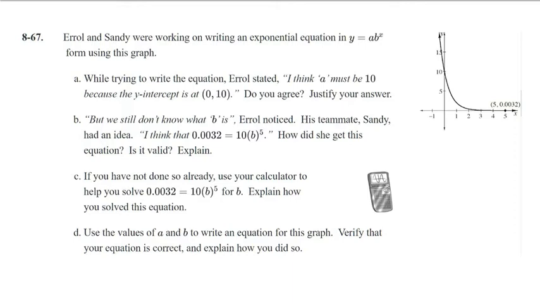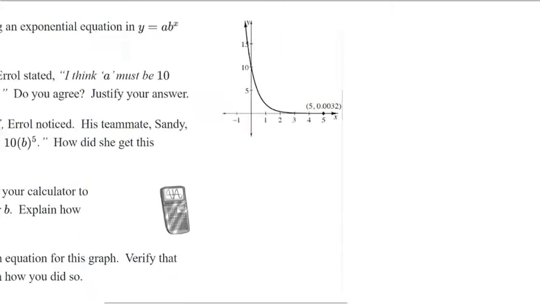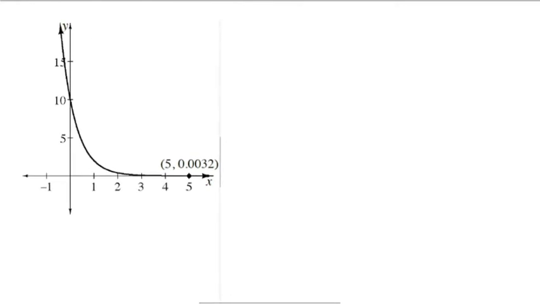His teammate Sandy said, I think that 10 times b to the 5th power has to be 0.0032. How did she get this? Well, I really like this thinking, because we're dealing with an equation in the form y equals a times b raised to the x power.